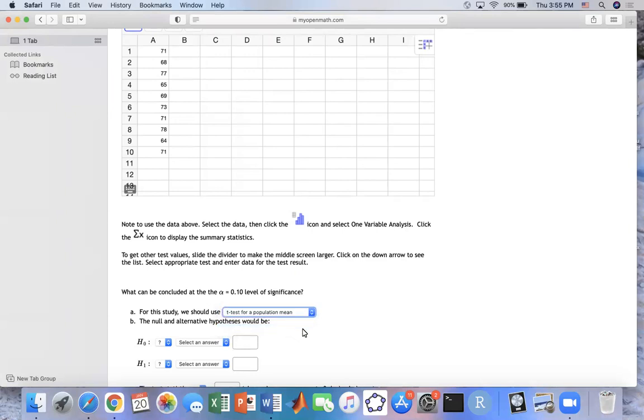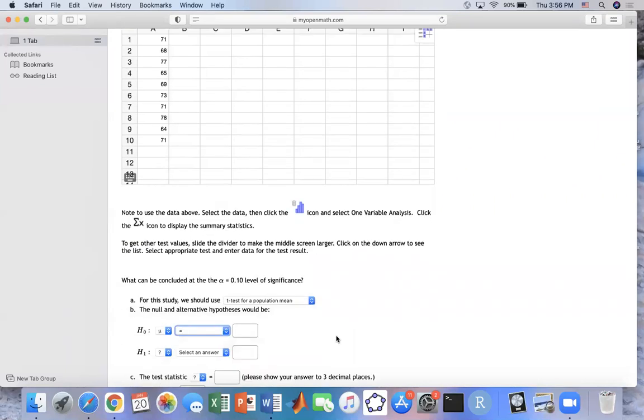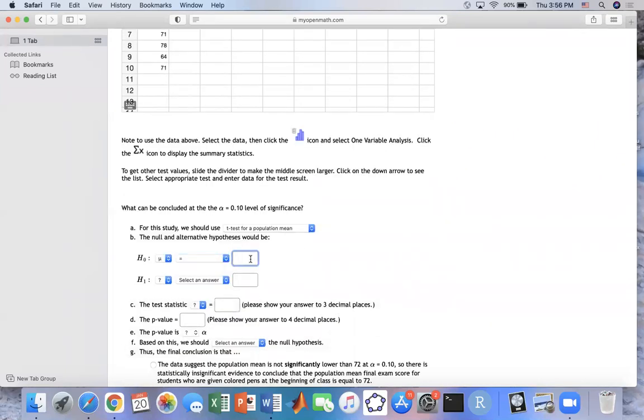Over here, because it's the mean, we choose mu, which stands for the population mean. And the H0 is always equal, so you have to choose this. The population mean here is what the assumption would be, so that would be 72. So we're going to type 72 over here. Understand that 72 means 72%.